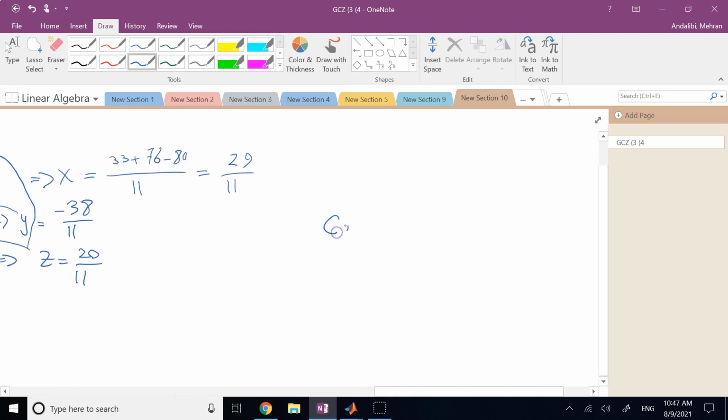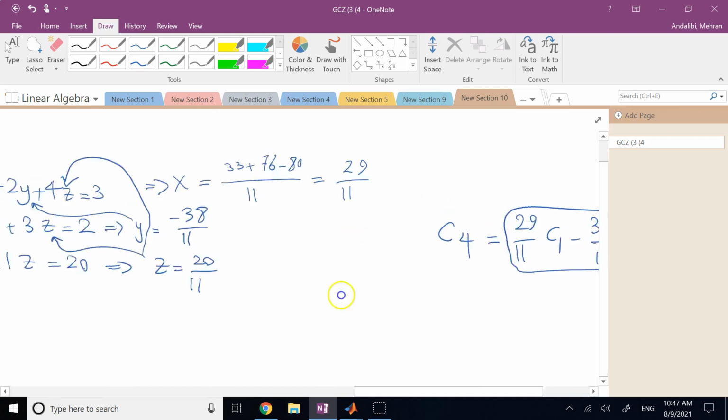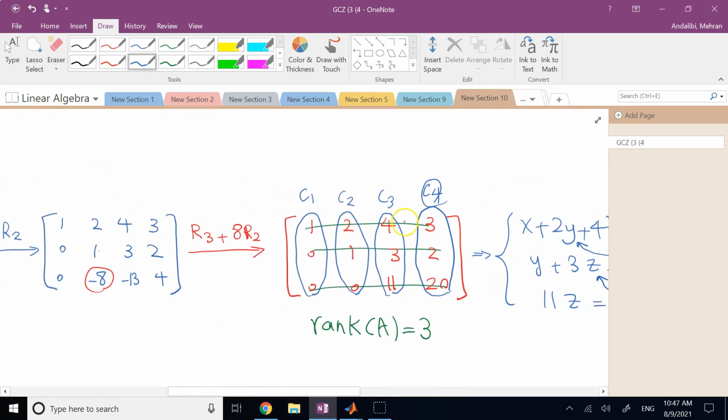It means the last column C4 can be written as 29 over 11 first column minus 38 over 11 second column and plus 20 over 11 third column. So you see the fourth column is not linearly independent from the rest, only these three are. And so the rank of the column space is also 3, okay?